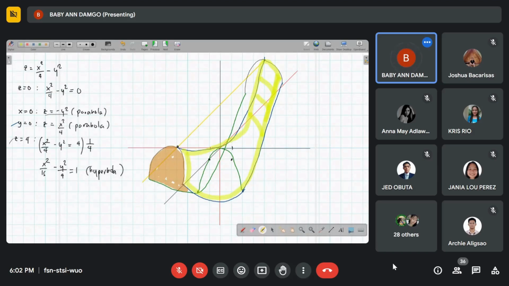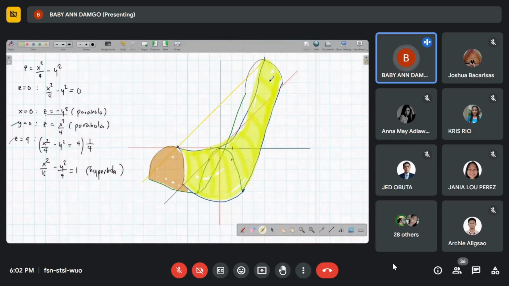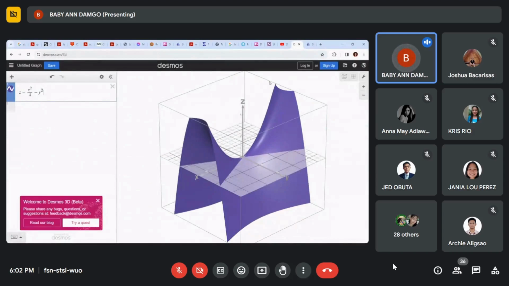So, na yan. Okay, so, pero mo na yung actual graph class ha. Okay, please go picture. This one.